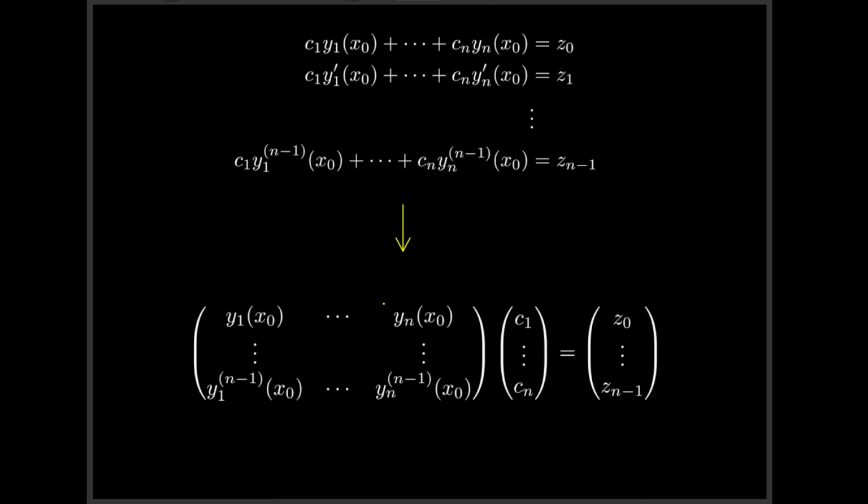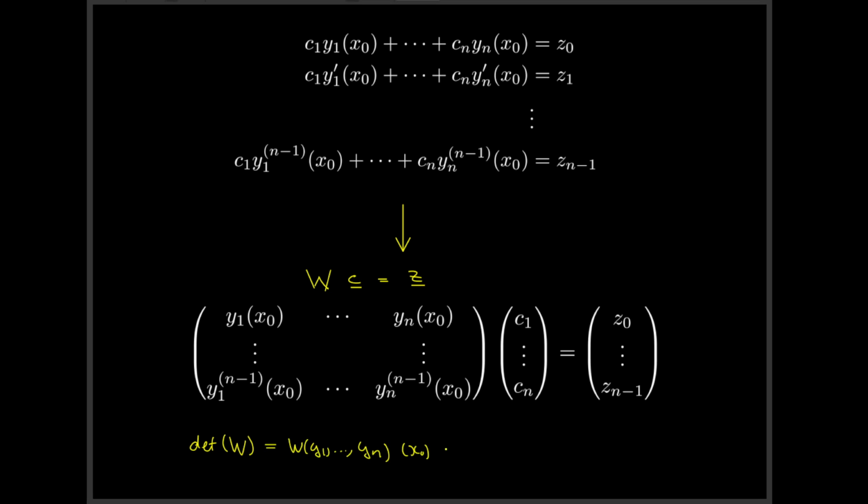And so just thinking about it more equationally again, this is W times C is equal to Z. And the important thing to see here is that the determinant of W is in fact just equal to the Wronskian at the point x0.